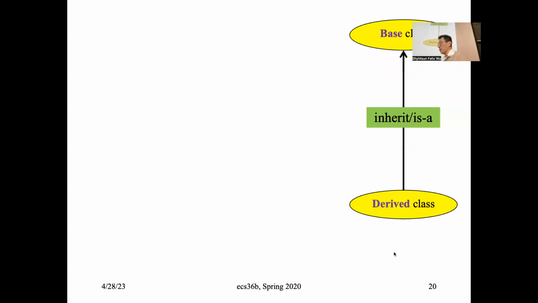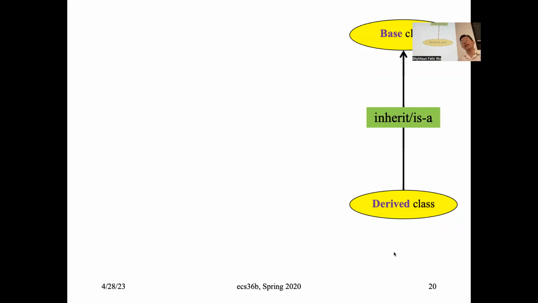Okay, so so far we have covered I would say probably the most difficult topic in the whole ECS 36B. Just like in ECS 36A, the hardest topic is probably pointer. Inheritance is probably the most difficult, challenging concept in C++.